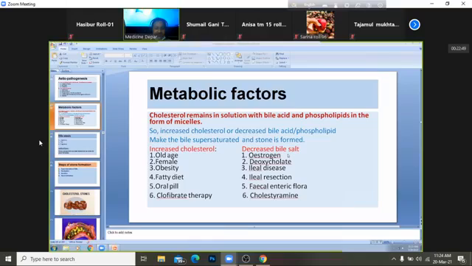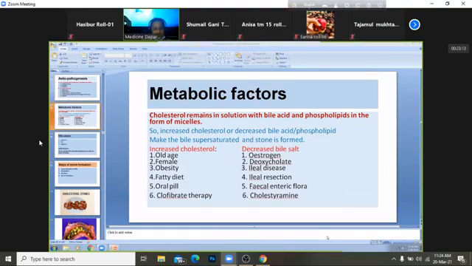So the cholesterol secretion will be increased in old age, in female patients, in obesity, after fatty diet, taking oral pill, and clofibrate therapy. So these are the situations where there is absolute increase in the amount of cholesterol.